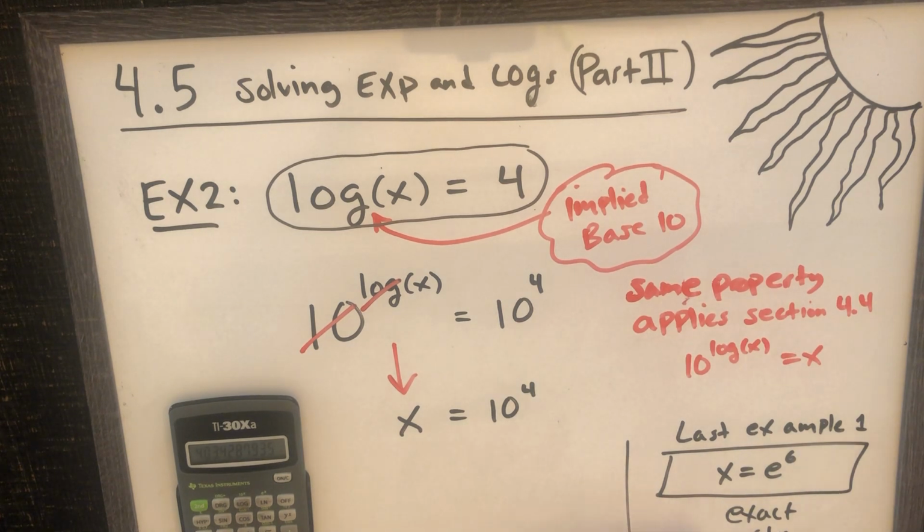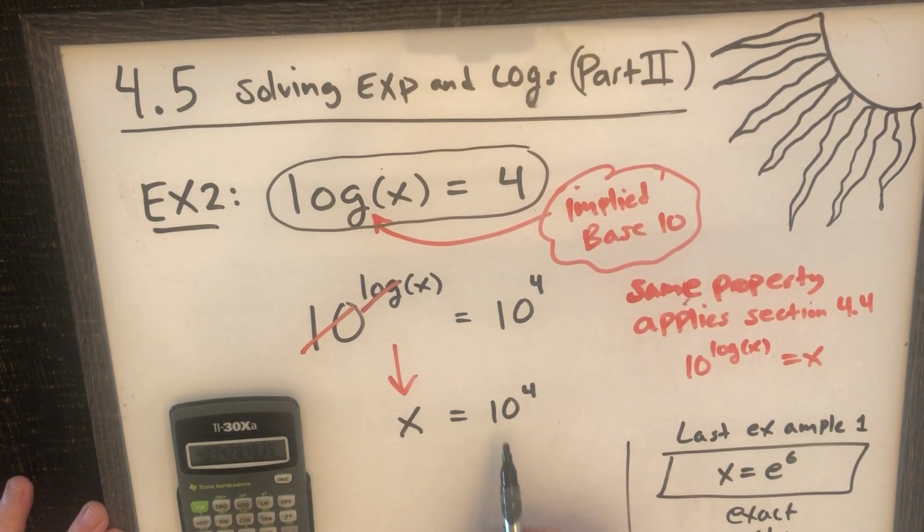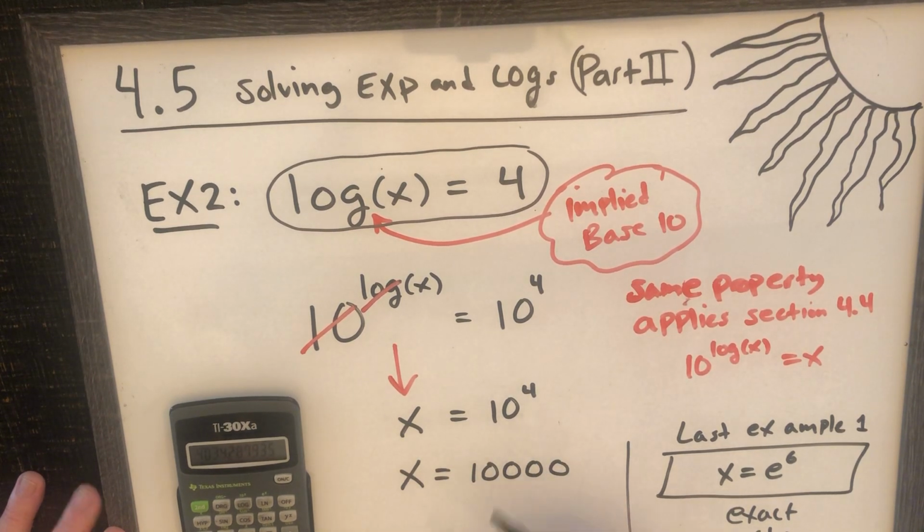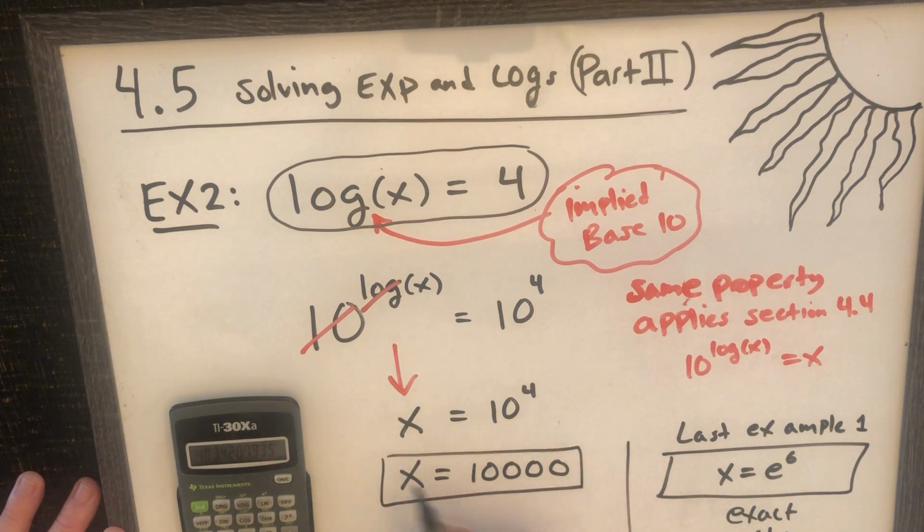Now, this type of rounding is common with an e because e is born a decimal, 2.71. But with something like 10, no calculator is necessary. 10 to the 4th power is just 10,000. So we get the exact value either way. No calculator needed.